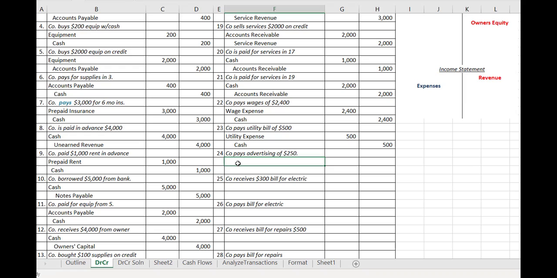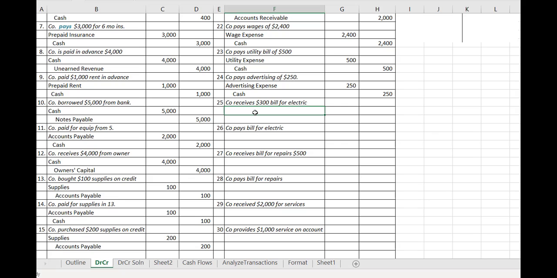Okay, now the company pays advertising. So I've got advertising expense. Increase the expense with the debit. And we paid it, so cash is going down, and credit cash. Now this is a little bit tricky. The company receives a bill for electric. If you receive a utility bill, that means you already used the electricity, so it would be an expense.